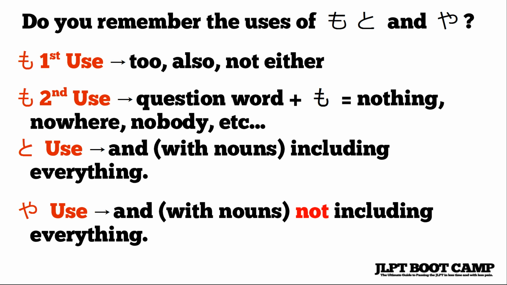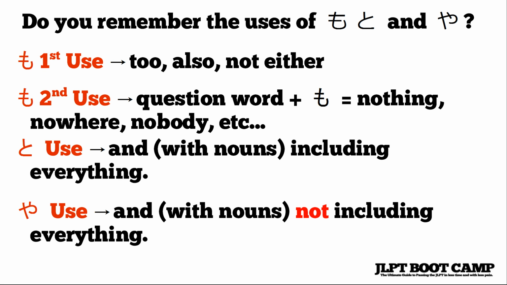If it's used in a negative sentence, that means nothing, nowhere, nobody, etc. If it's used in a positive sentence, it means everything, everywhere, everybody. Classic example of this, there's a phone company in Japan called Docomo. It's one of the biggest cell phone companies in Japan, probably the biggest. And they're called Docomo, meaning everywhere. Everywhere you want a telephone service, they've got it.